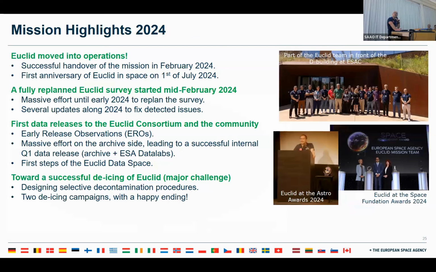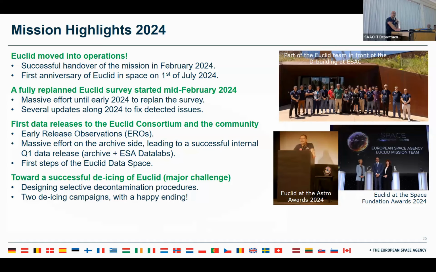So the highlights for 2024: Euclid moved finally into operations. The survey had to be highly optimized in order to mitigate the problems we had. The first data releases for the consortium and the community are planned. So the Q1 internal data release had to happen.